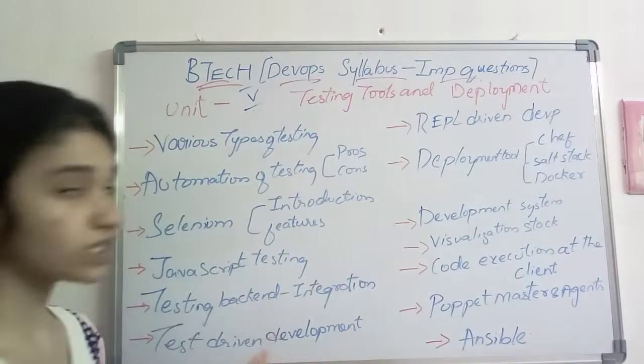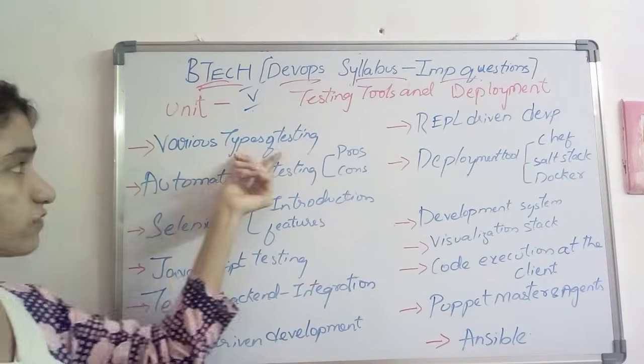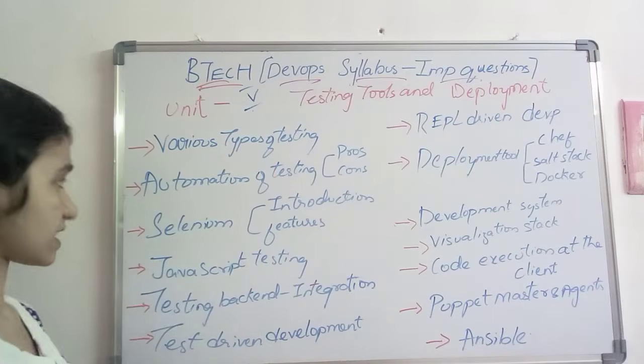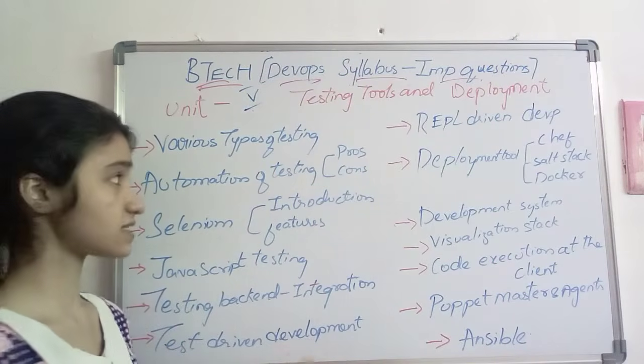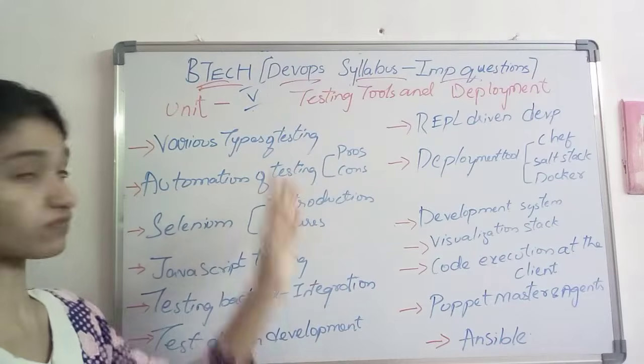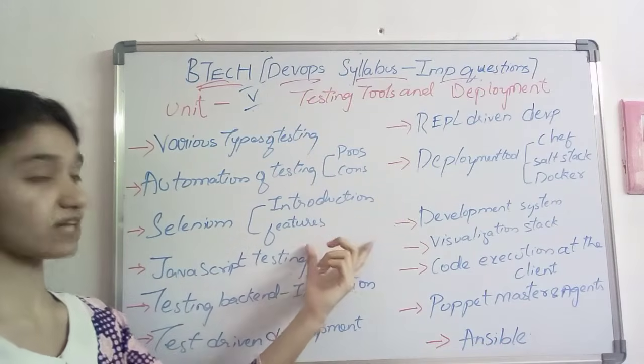This entire unit is about testing and deployment. Okay, various types of testing, like how many types of testing there are, and automation of testing, the pros and cons, like the advantages and disadvantages of automation of testing. Okay, Selenium: here you have to write the introduction and features as well.